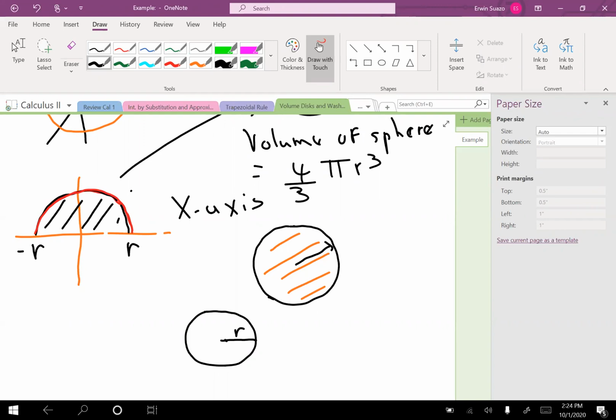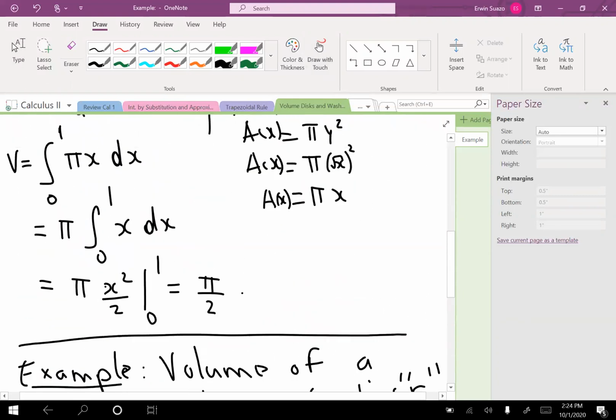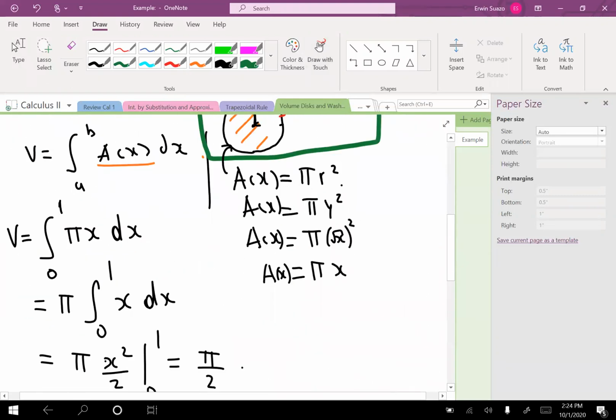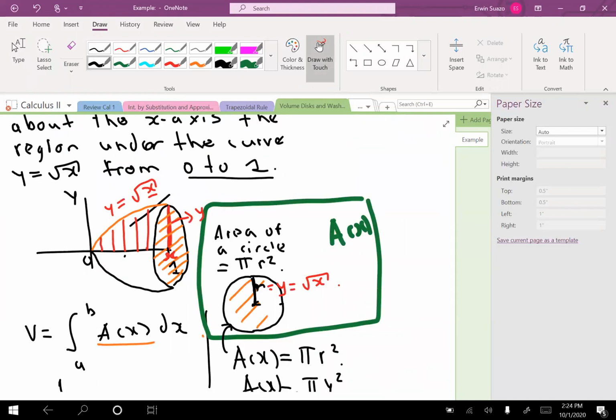We had used pi r squared. Say again? No, pi r squared, no, that's the area. I'm talking about the equation of the circle. Because I have the equation here. The equation for the previous example was y equals the square root of x. And it was this guy over here.